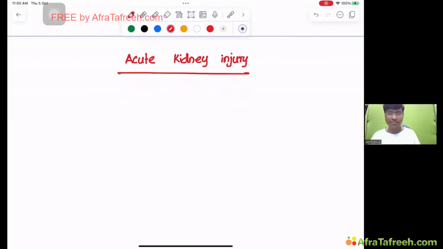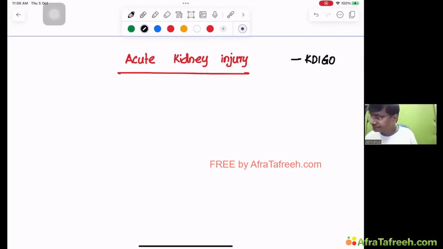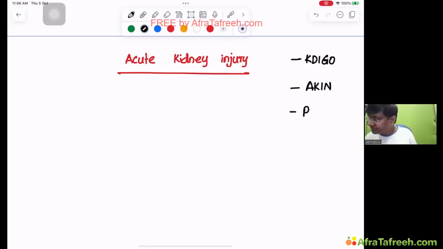I'll tell you the various definitions of acute kidney injury. It is defined by KDIGO. What does KDIGO stand for? Kidney Disease: Improving Global Outcomes. It is also defined by the Acute Kidney Injury Network criteria, and it is also defined by the RIFLE criteria.